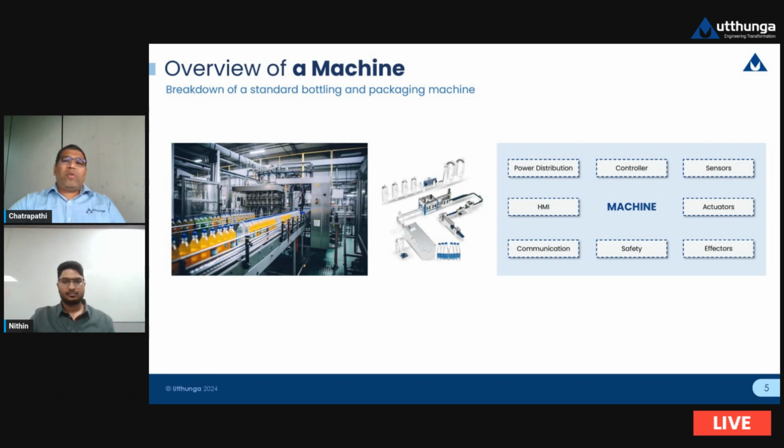So power distribution handles the necessary power supply to all the components that are there: to the controller, to the drives and other actuators, conveyor belts, and so on. And then the controllers, they are the brains of the operation for the machine.